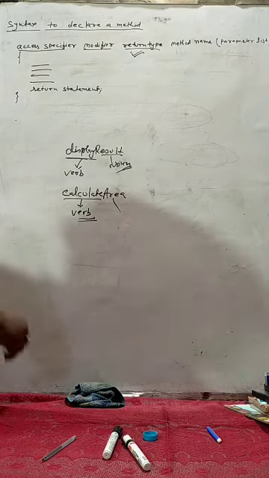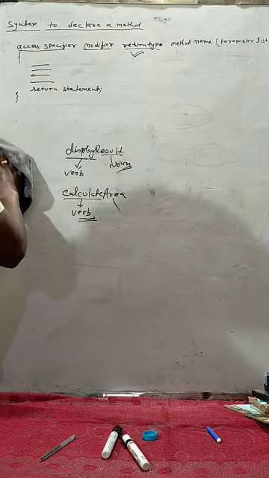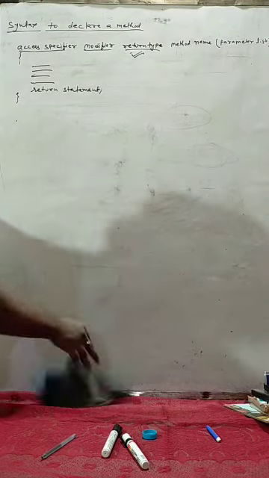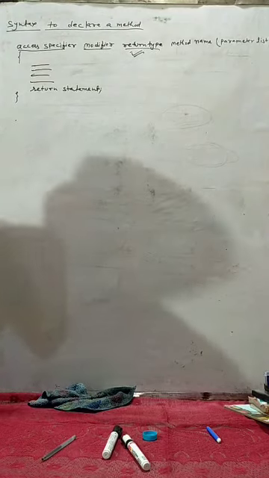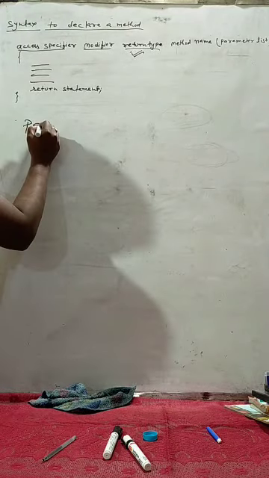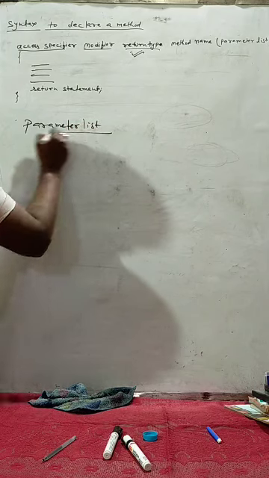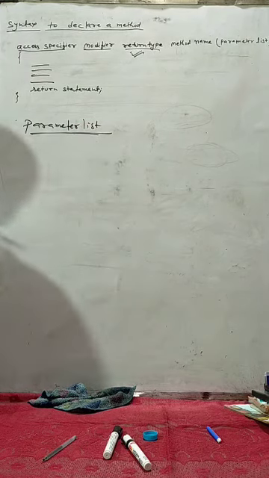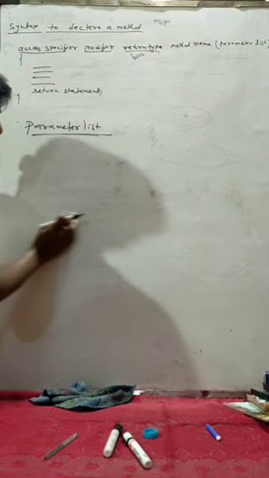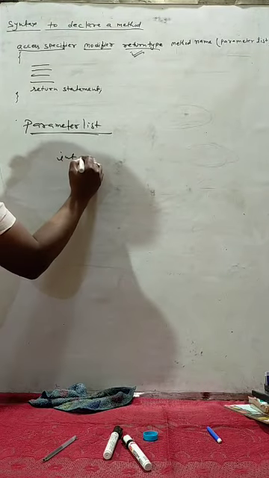These are the conventions. Next is the parameter list. Parameter list is a list of variables.